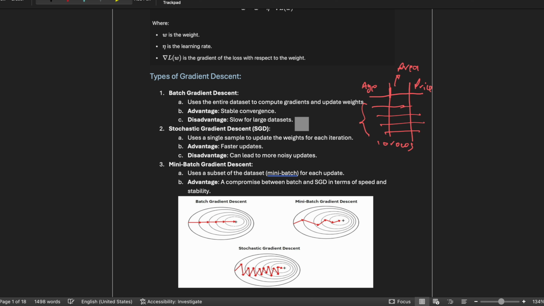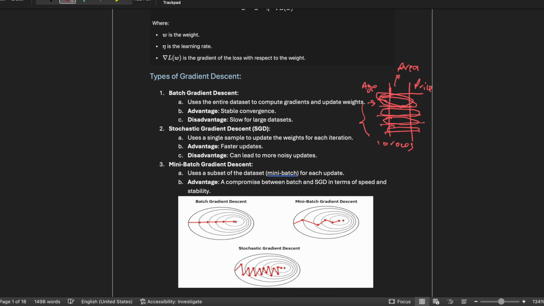And what happens in stochastic gradient descent? In SGD, one row is given to the model, the loss is computed, and then weight updation takes place. Then another row of the data set is passed, and then another.